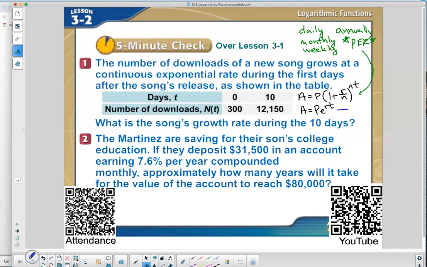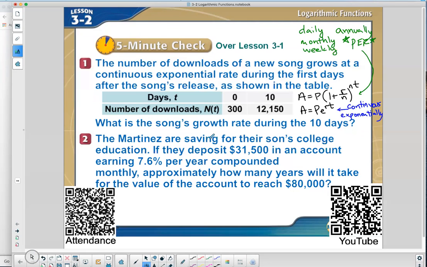Now, if you're going to use this one, if you remember on the formula chart, they called this the continuous. There are 2 words you look for. You look for the word continuous, continuous compound. The other word you look for is what that E stands for. E stands for exponential or exponentially. So you'd be looking for continuous or exponential or exponentially.